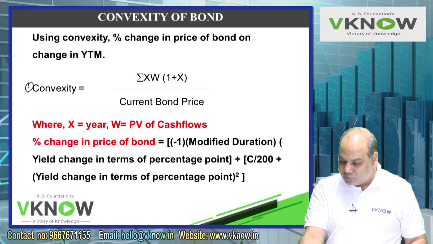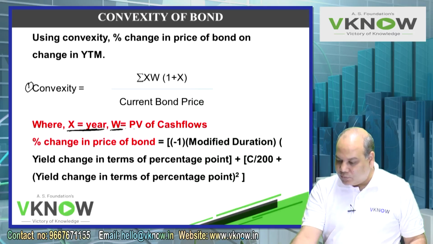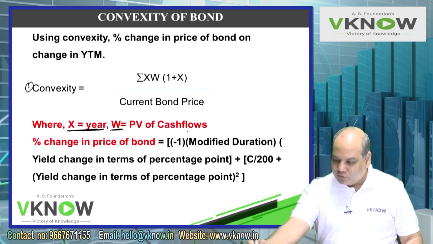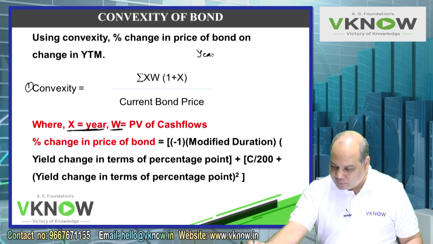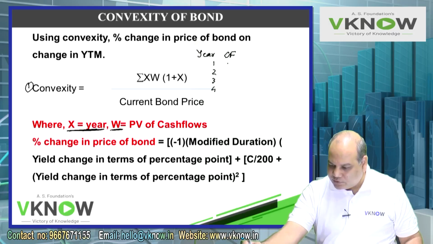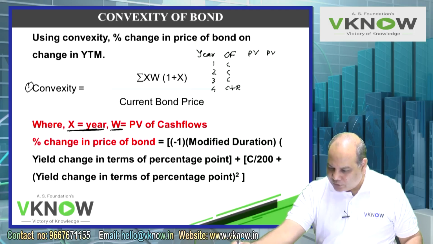So your question is, what is x here? X means year, and what is w? W is the present value of cash flow. So what I have to do is take the year, and take the cash flow like we have done in the calculation of bond. Cash flow will be basically coupon plus redemption. Then I will calculate present value, and then multiply present value into year.